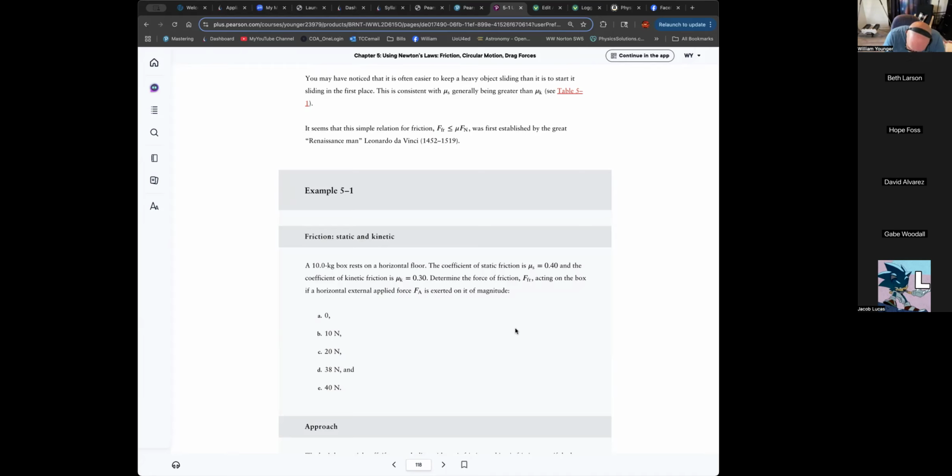I'm going to draw a picture of the situation that we have here. What we have is a 10.0 kilogram box sitting on a surface. We have acting on it a weight equal to 98.0 newtons and a normal force, F normal, equals 98.0 newtons.